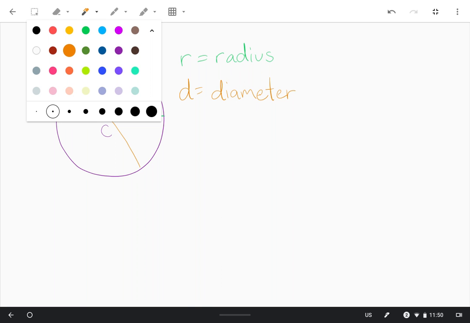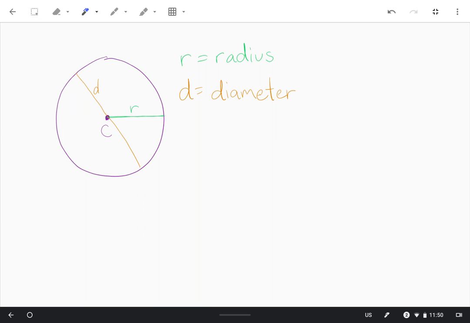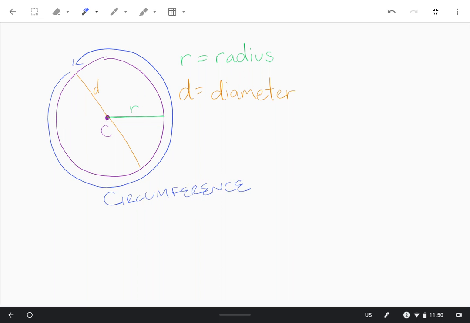The distance around the outside of the circle, the actual distance if we were to measure this, is what we call the circumference. The circumference is the distance around the circle. And within the concept of circles, we have this really important value that you've probably heard of, and that is the value pi.